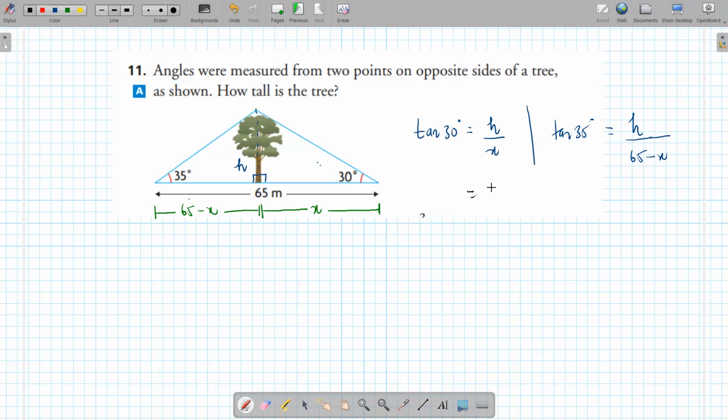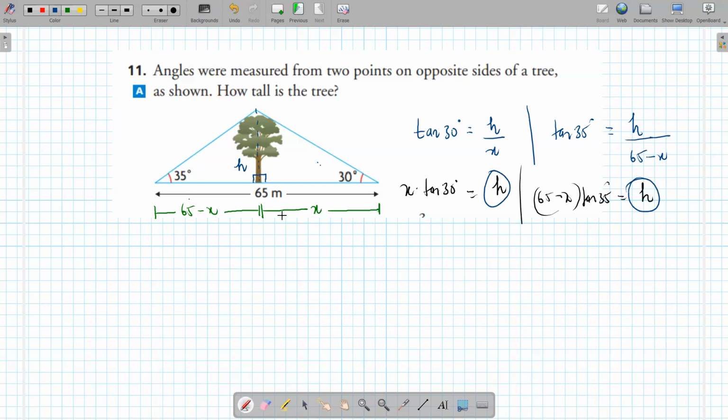So here I'm going to multiply both sides by X. I get H is X times tan 30. On the other side, I get H is (65 minus X) times tan 35. That's what we have. We know this H and this H are equal.